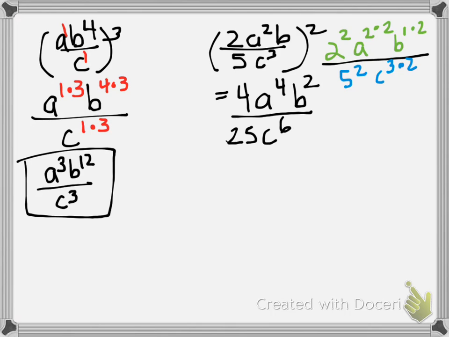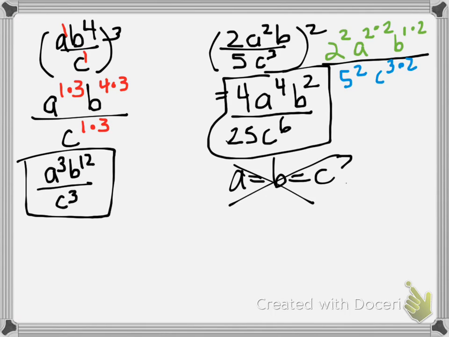Is A and B and C the same exact value? No. Is A the same as B the same as C? No, they're completely different things. We have nothing that matches numerator to denominator. There's nothing we can do. Okay, so the answer ends at 4a to the 4th b squared over 25c to the 6th. Okay.